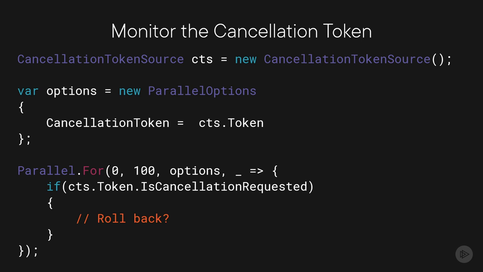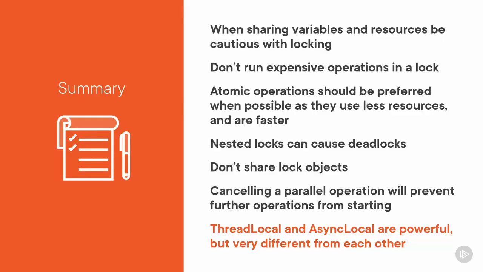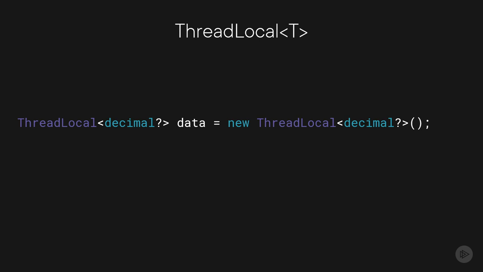Finally, we talked about thread local and async local variables. They're completely different and do behave rather differently from each other. We saw that thread local variables may flow across different tasks because internally the task reuses threads.